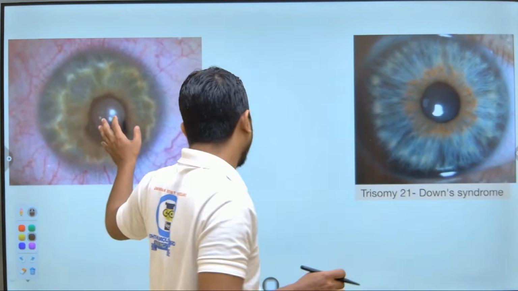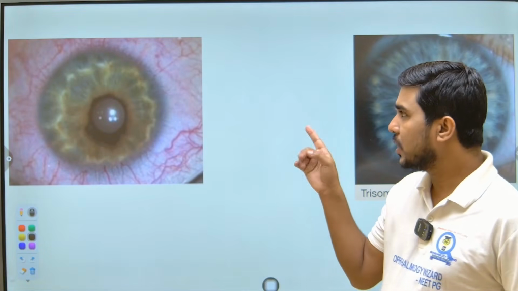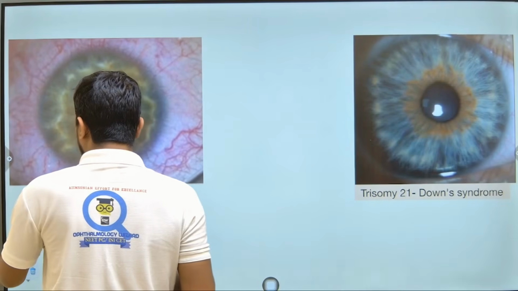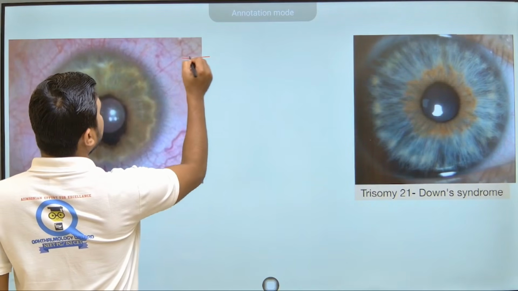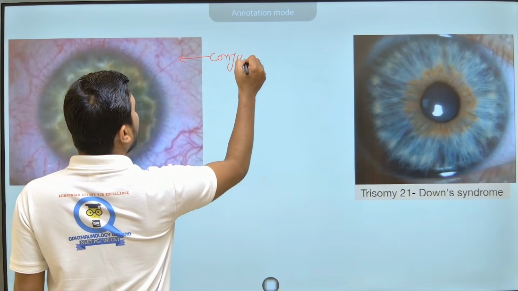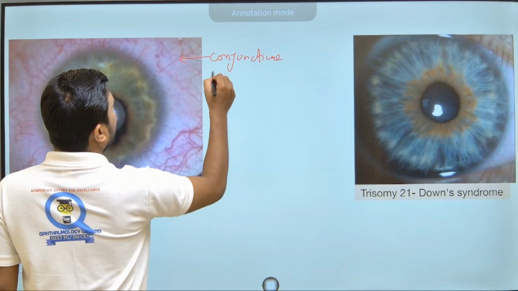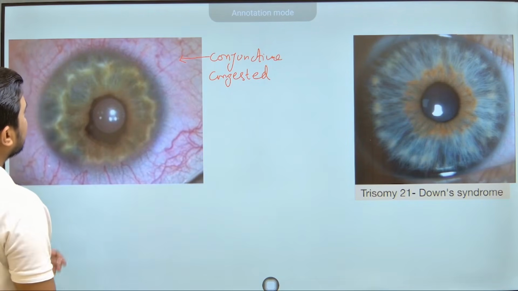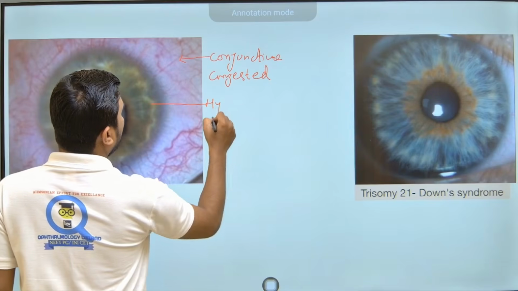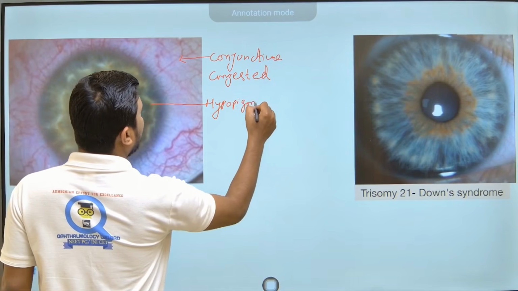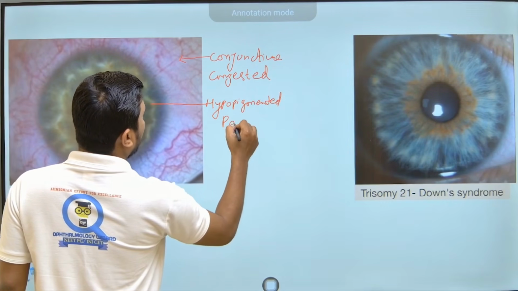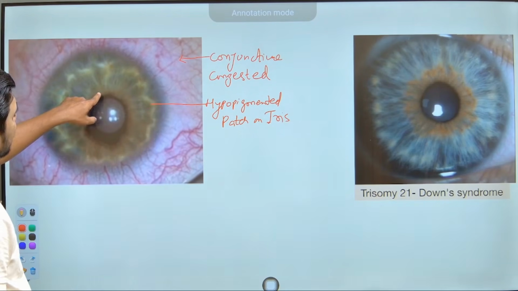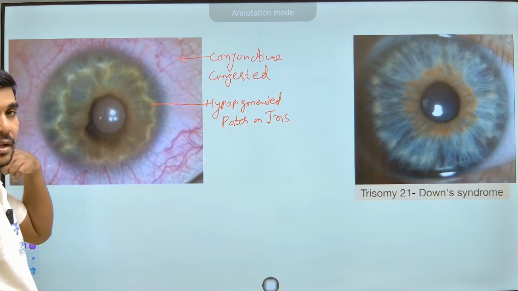Now coming to a very important question: if you see this picture and have to describe it, how will you describe it? Let me help you. You will describe that the conjunctiva is congested. You can see there is a hypopigmented patch on the iris, and there is hyperpigmentation at the margin of the iris.